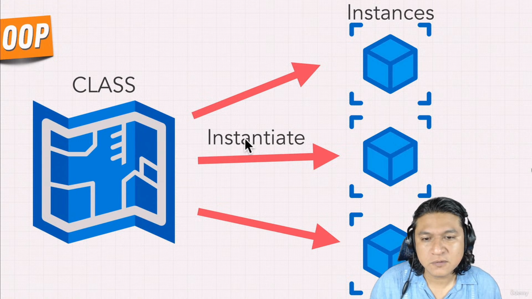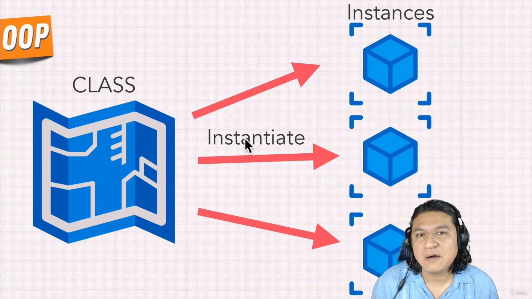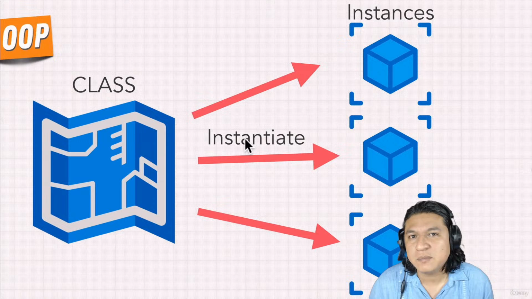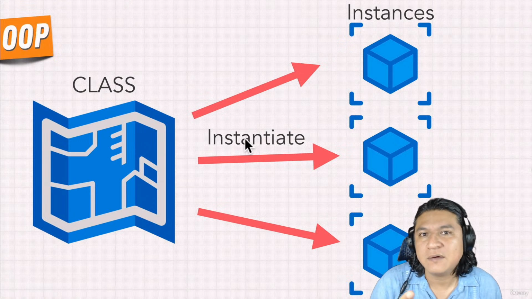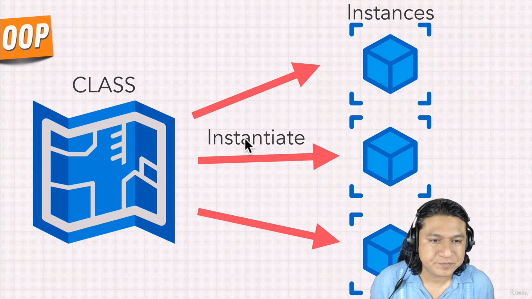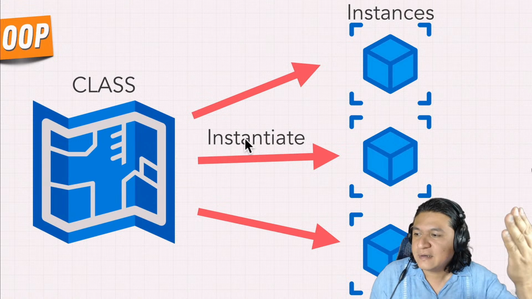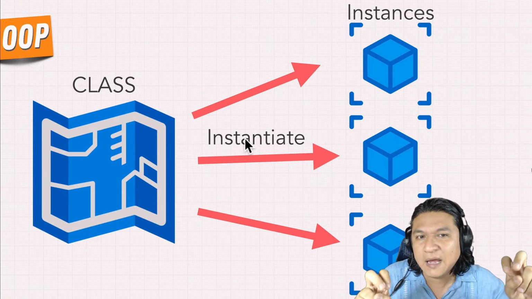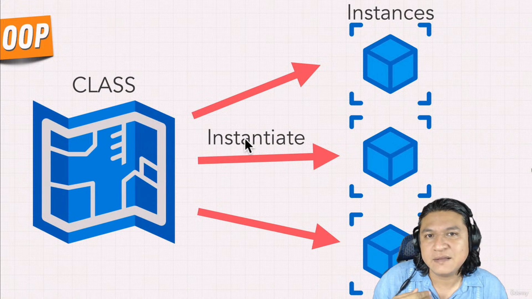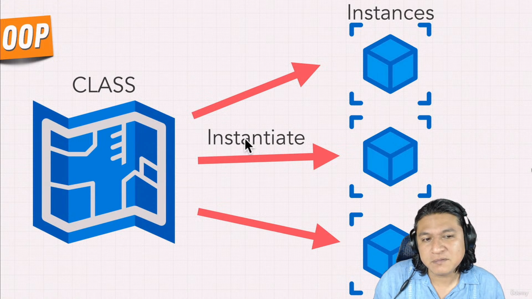But let's assume that you are going to build this house that is designed inside the blueprint. So you use the blueprint to create one house, but it doesn't mean that you cannot create many other houses with the same blueprint. So in this case, you can actually create instances which are going to be the houses themselves, and you are going to use the class as the blueprint to build this house.